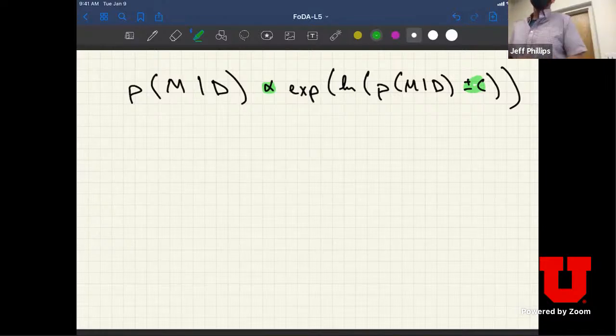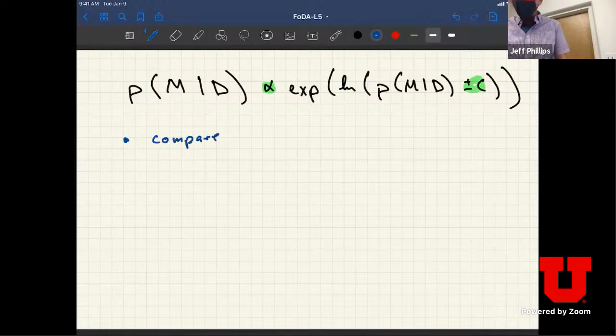Okay, so I don't have the true value, right? There's this normalizing constant I have. It's not a probability, but what are things I can actually do with this? The first thing I can definitely do is compare models.